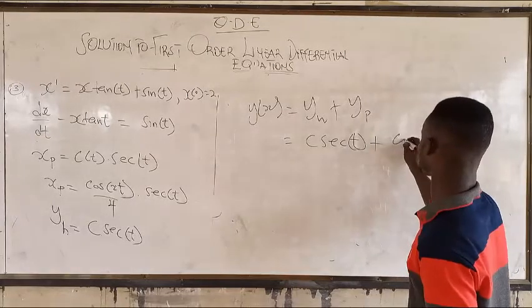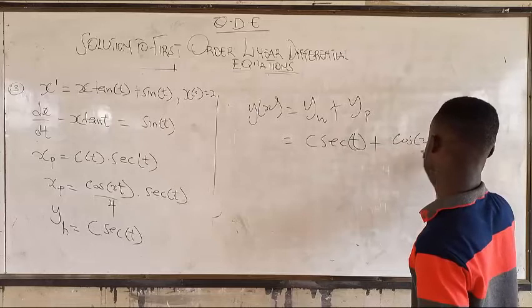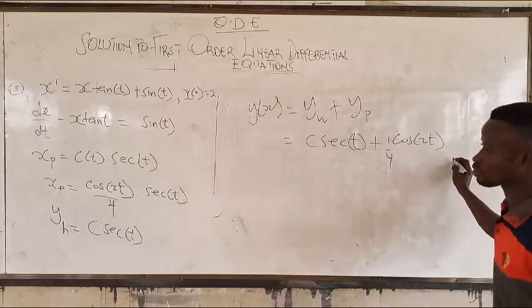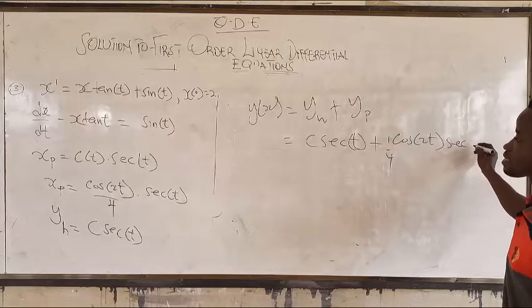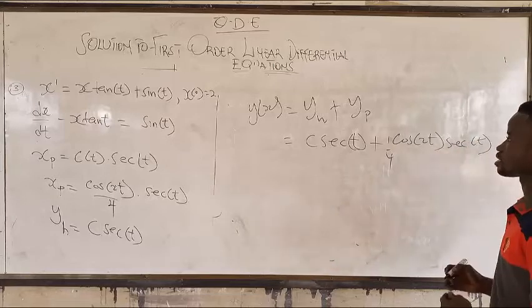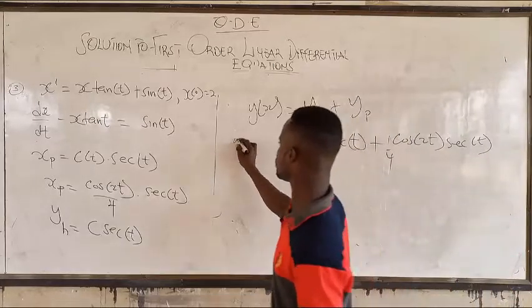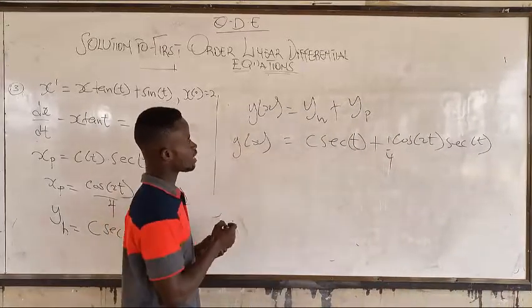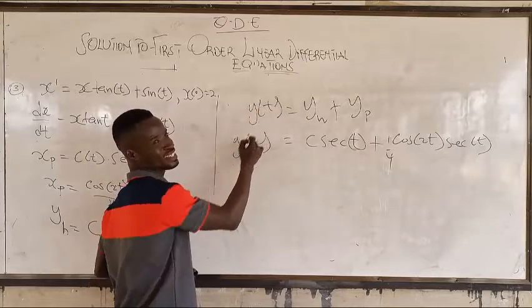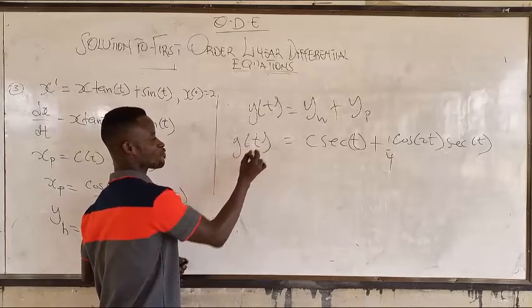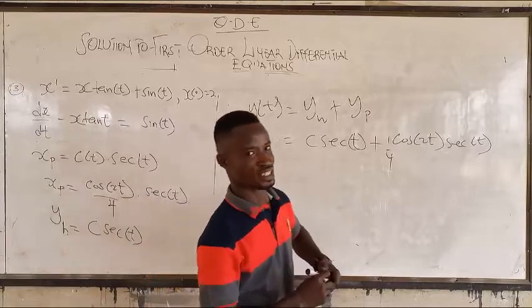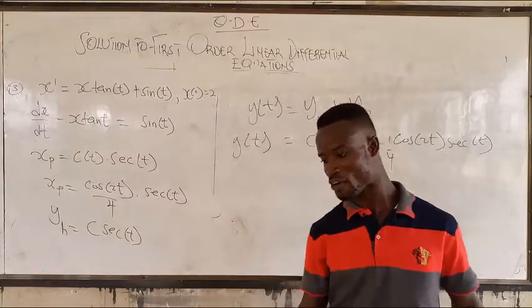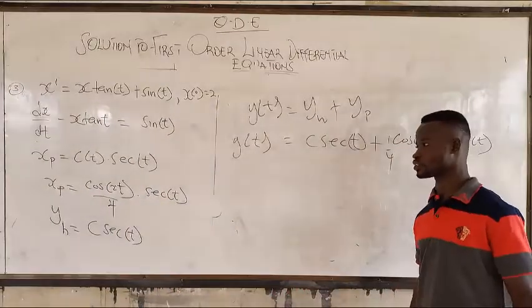Okay, that is cos 2t over 4 multiplying sec t. Very good. So this is in terms of t. So this is the general solution for our first order linear differential equation.